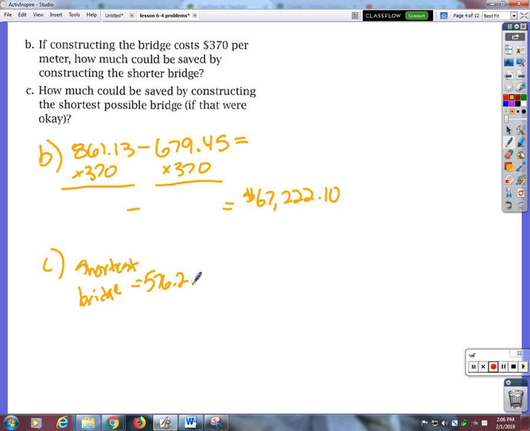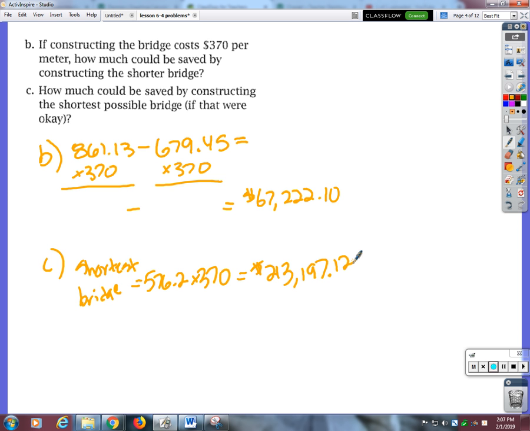So if you multiply that by 370, how much would that cost to build? $213,000.12. Okay. Thanks. So how much does that save?